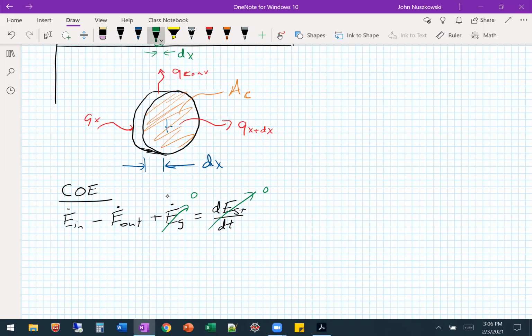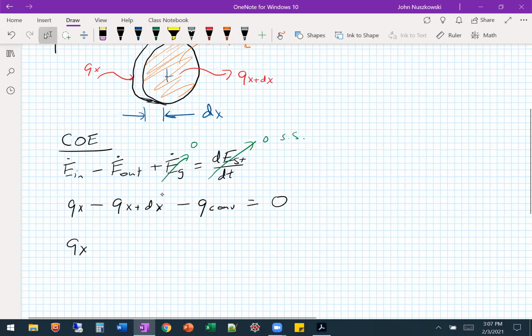Cut them off before they could answer. And then the other is we're just going to be looking at steady state. Okay. So from these components, in is Qx, Qx plus dx is out, and then convection is out. That's all equal to 0, right?